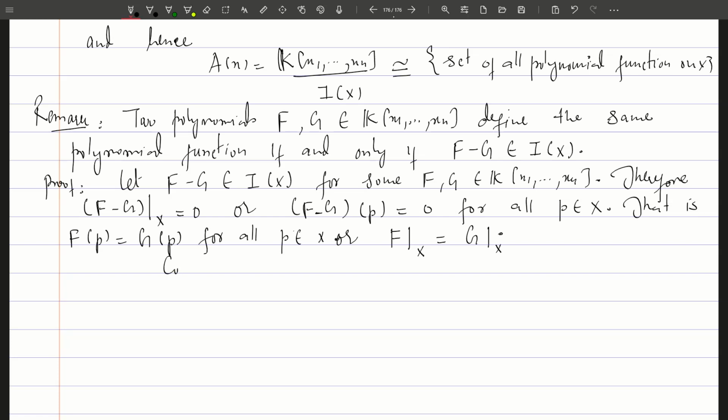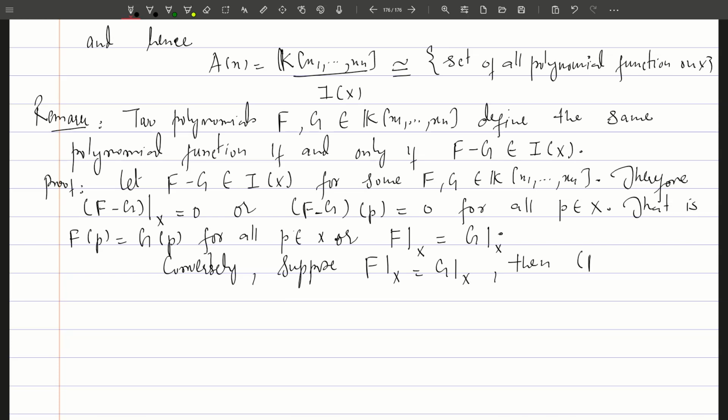Conversely, suppose the polynomial functions are the same.